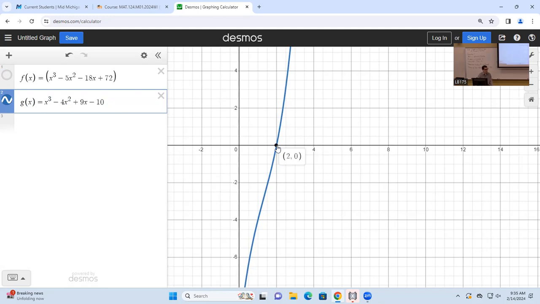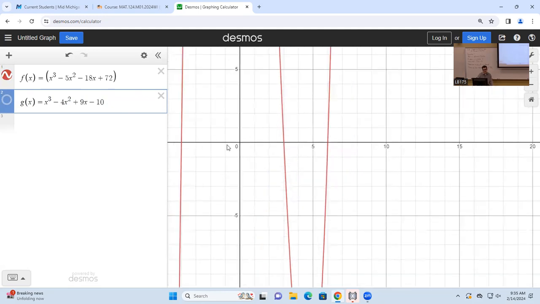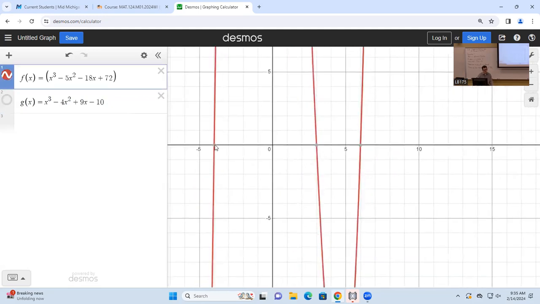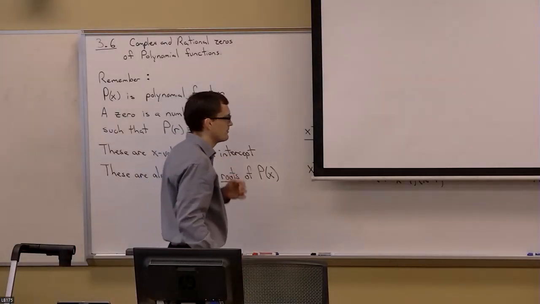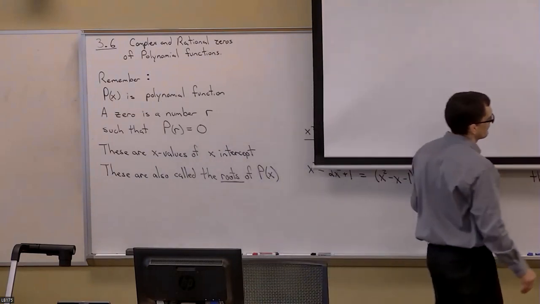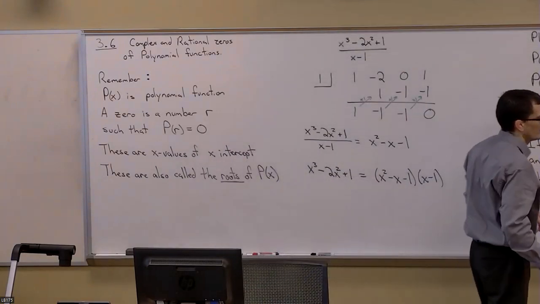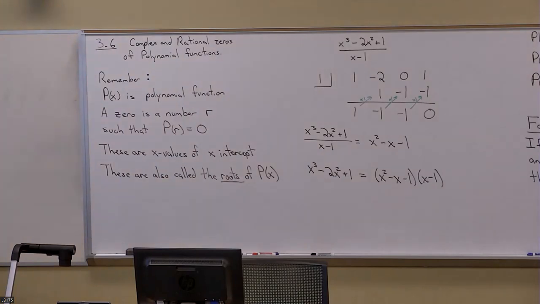That makes sense? So graphically, if we ever have to identify where the zeros are, all we're doing is just seeing where does it cross the x-axis? Where are the x-intercepts? Most of the time, we're not going to have a nice, pretty graph with all of our perfect zeros in it.